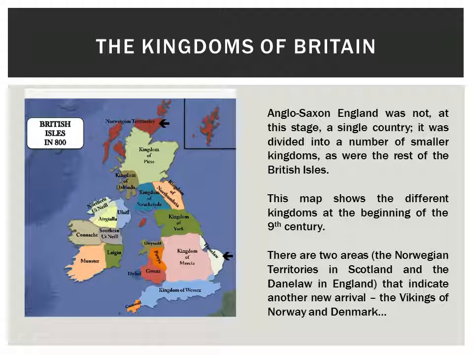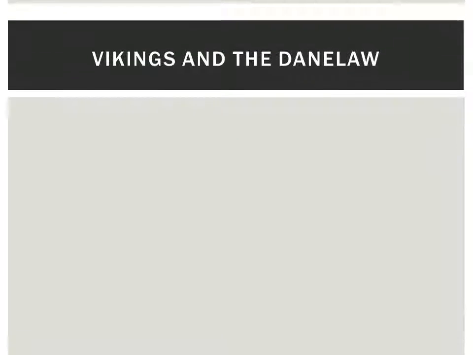So the Vikings were moving into the north of Scotland. They were also later on invading other parts of Britain and Ireland, but they're starting in the east because, of course, that's where they're coming from. So they start to establish control around here and around here. So you've got this other group of people called the Vikings who are coming in.